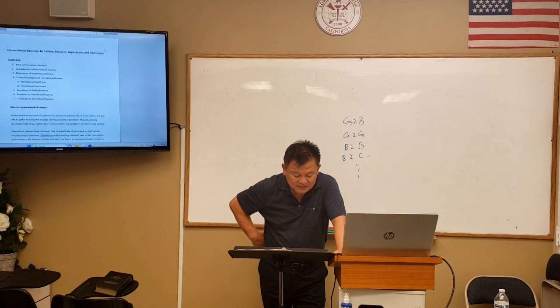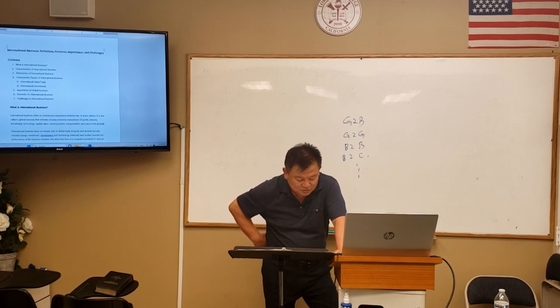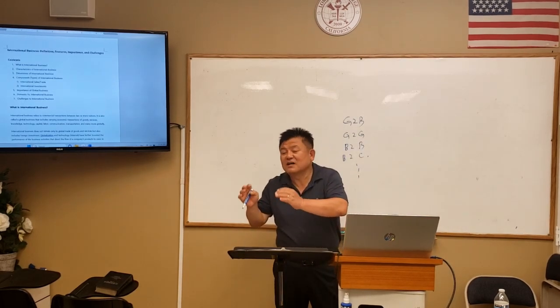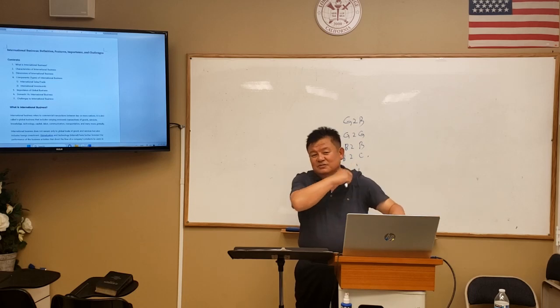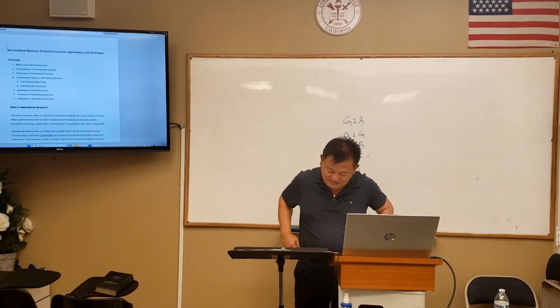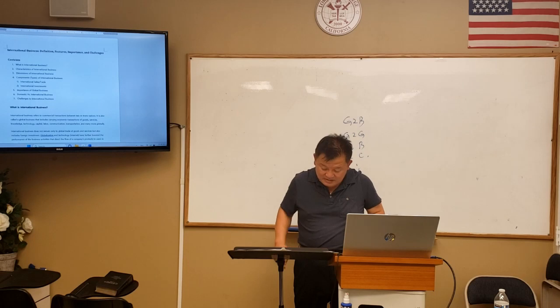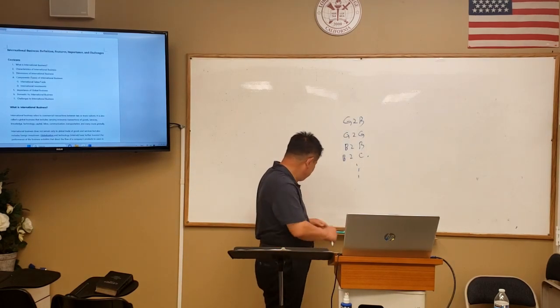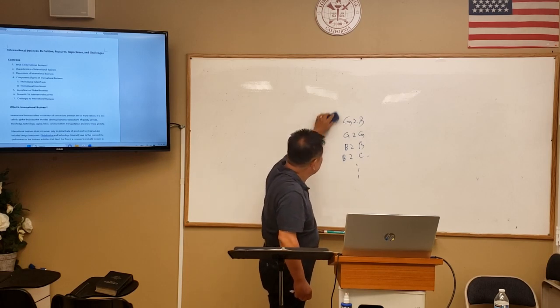A business enterprise of one country moves goods, services, or investment to customers or citizens in other countries. Customers and citizens are a little bit different. Customers belong to the service and products, but the citizen does not belong to the products of the company.